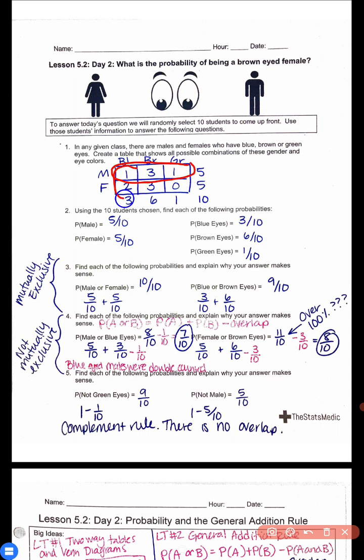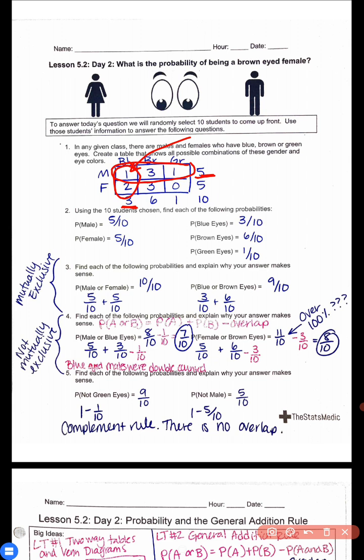Here's the people who have blue eyes. Here's the problem. If I just add together the 5 total males and the 3 total people who have blue eyes, this person right here fell in both categories. So I'm going to be telling you 5 plus 3 is 8 when there's actually not 8 people being counted here. There's actually only 7.